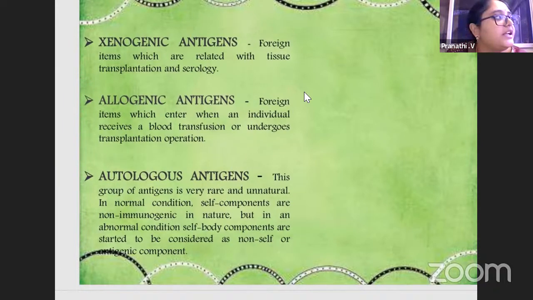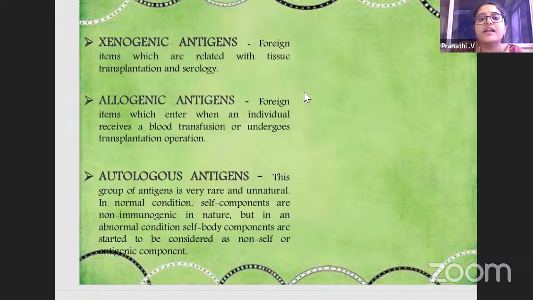If there is any kind of kidney transplant or liver transplant, the new liver or the new kidney is treated as a foreign entity. That is when antibodies are produced against them. Such substances are known as xenogenic antigens.